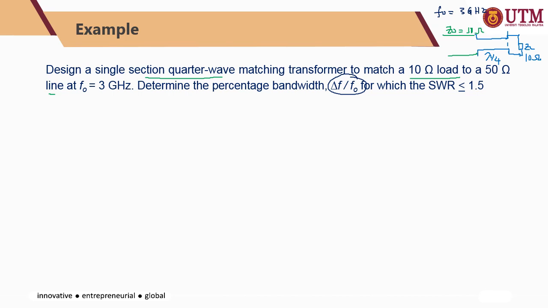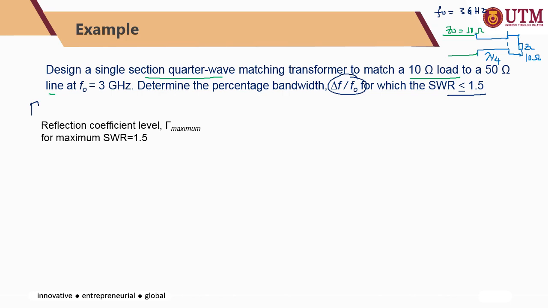In order to get the bandwidth, you need to have the reflection coefficient. Given the SWR is 1.5 maximum, it could be less than or equal to 1.5.